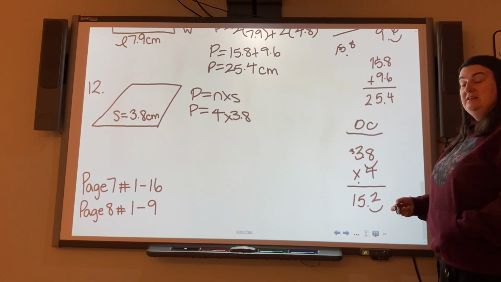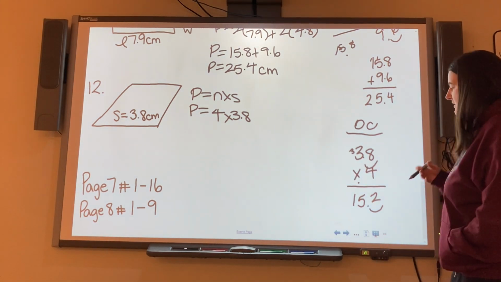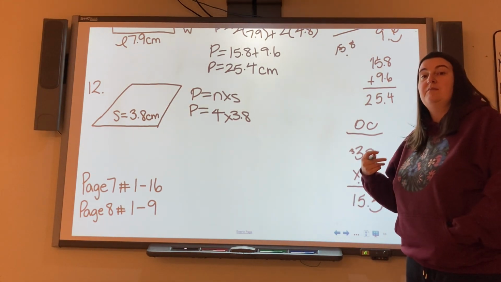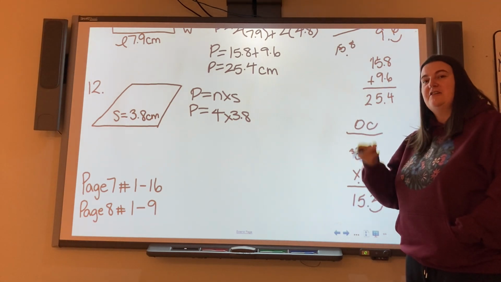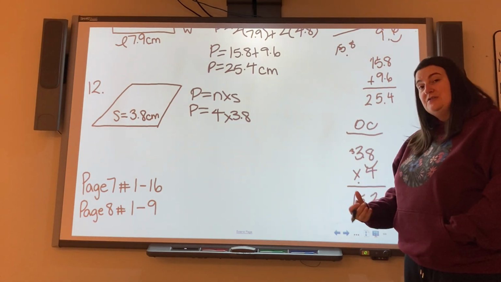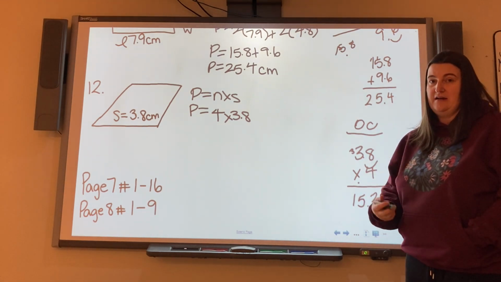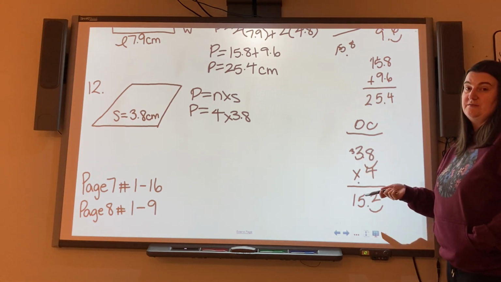So, as you can see, now that we're moving farther through the curriculum, you're going to be using all the stuff we've learned pretty much all year. Adding, subtracting, multiplying, dividing, all that stuff should come naturally to you now. So use your multiplication chart if you need to. When you're adding and subtracting, you line up the decimals. When you're multiplying, you don't have to line up the decimals, right?